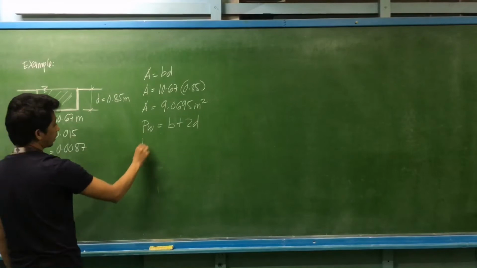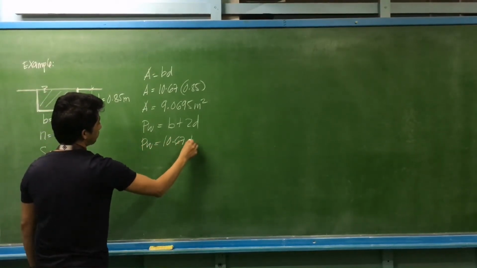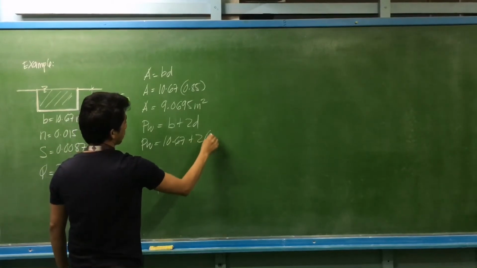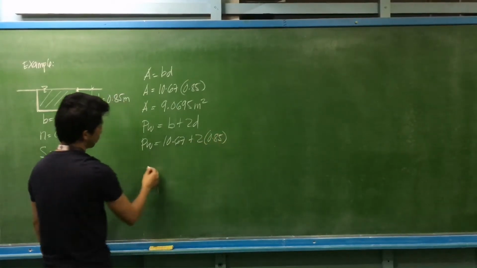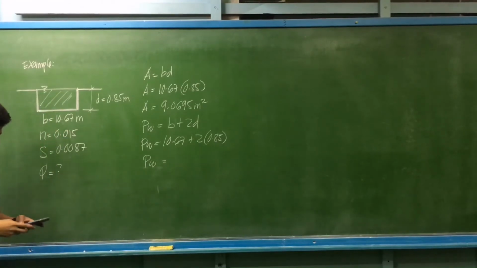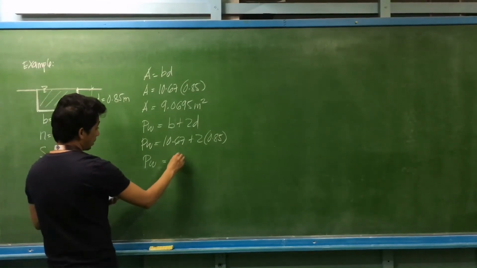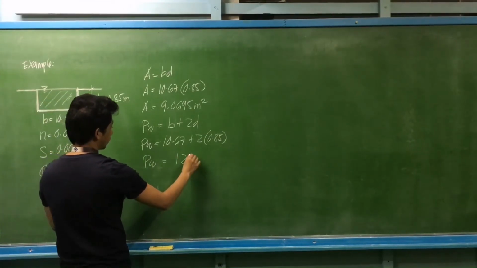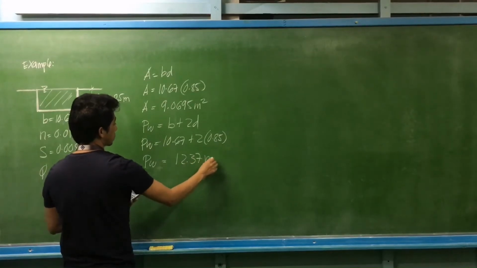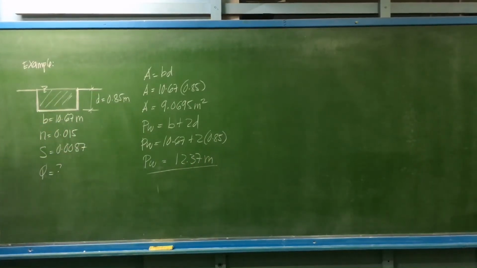So the wetted perimeter is 10.67 plus twice 0.85, which is 12.37 meters. That is the area and the wetted perimeter.